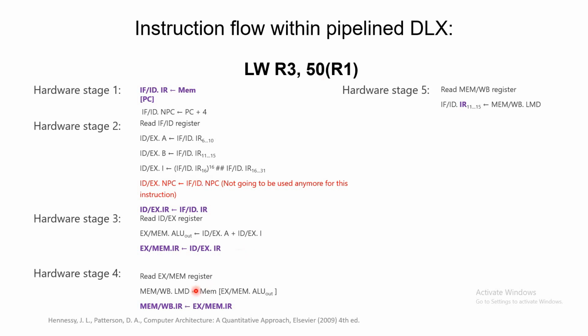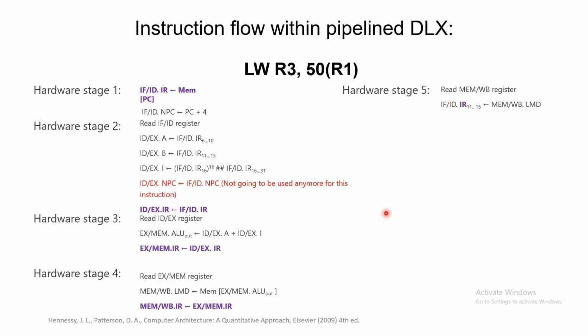As the need of the instruction is to load the data from the external memory, up to this stage the data has been loaded from the external memory, whose address was part of the instruction, and is already in LMD. But still, as per the need of the instruction, the data will have to be loaded to the R3 register, so it will have to write back to register R3.